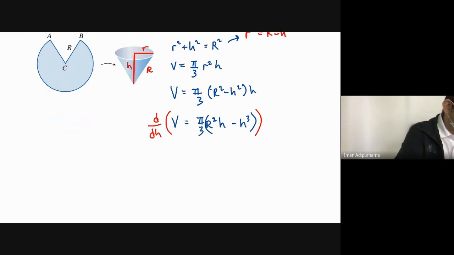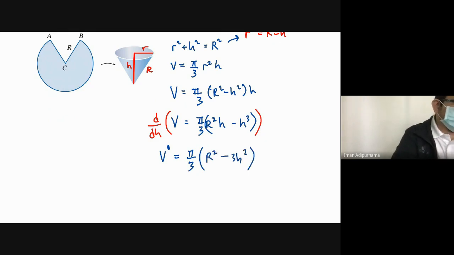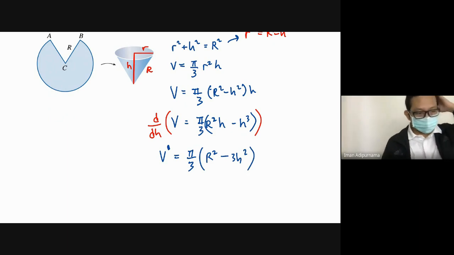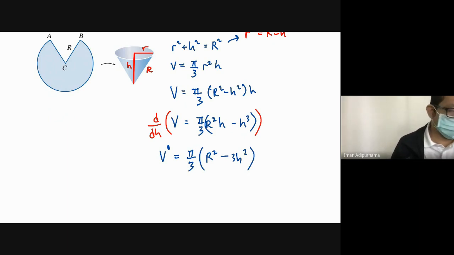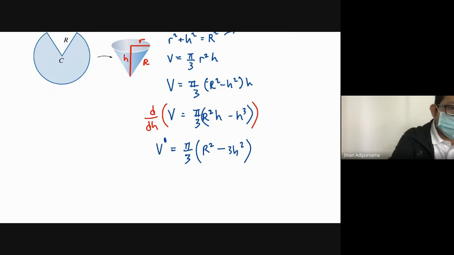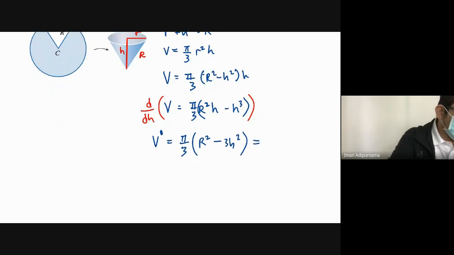And you have V prime equal to pi over 3 times R squared minus 3h squared. And this is equal to 0 for our critical point.